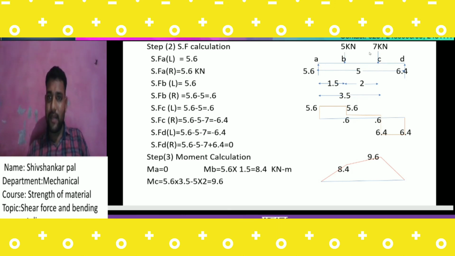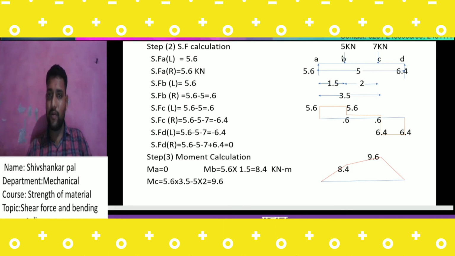The 5.6 kilonewton load at point A tries to rotate clockwise. So the moment at point C due to 5.6 times 3.5 takes a positive sign, minus 5 times 2.